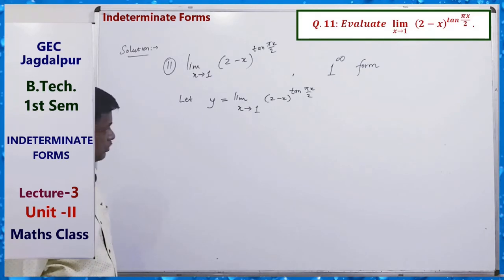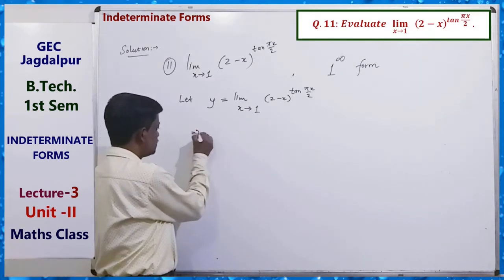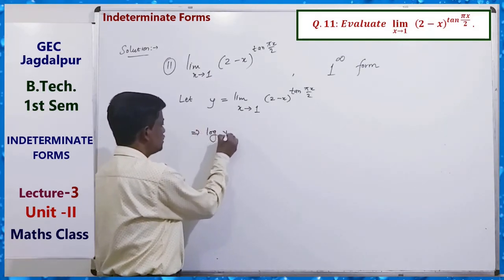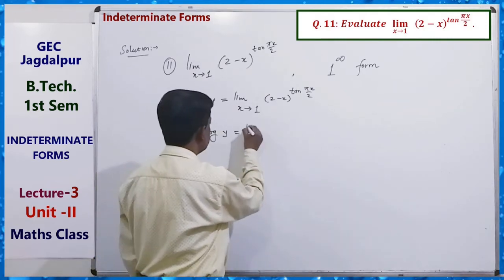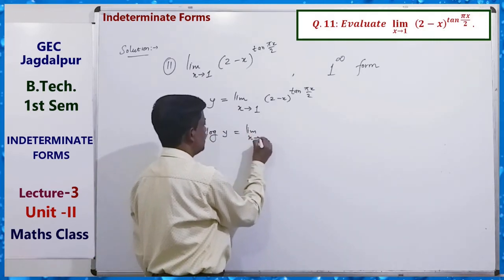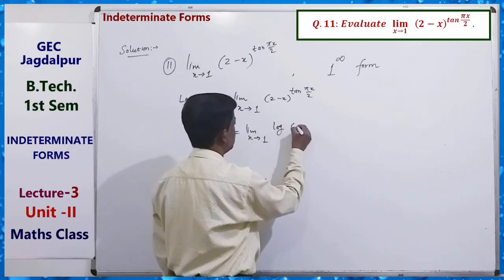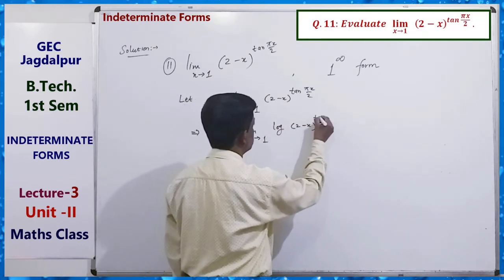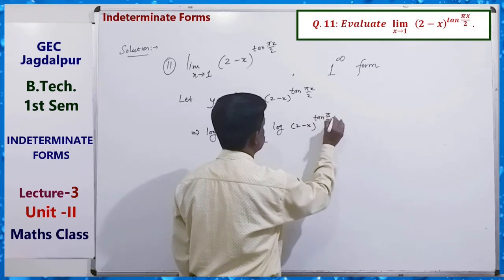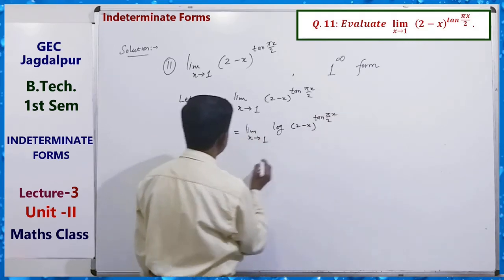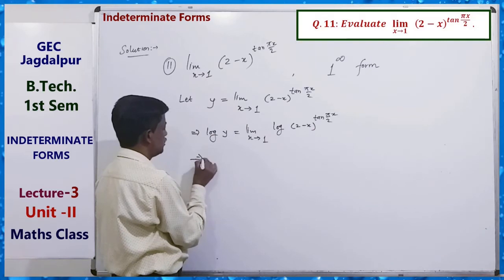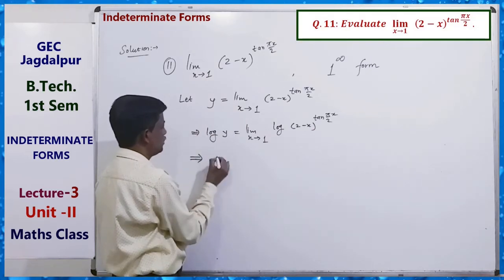Now, implies logarithmic, just take log on both sides. So limit x tending to 1 log of (2 minus x) power tan (pi x by 2) implies, what?